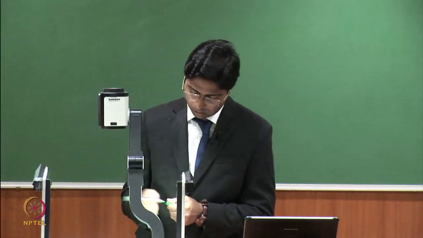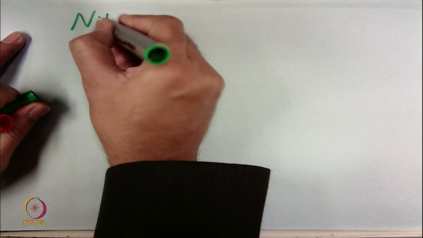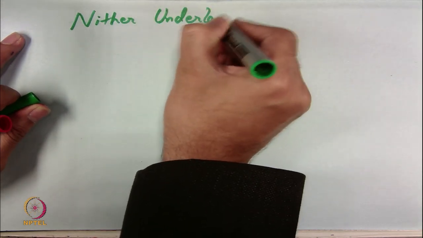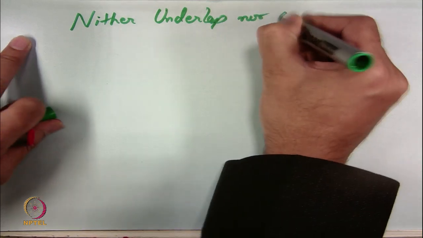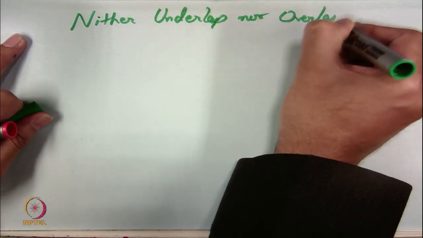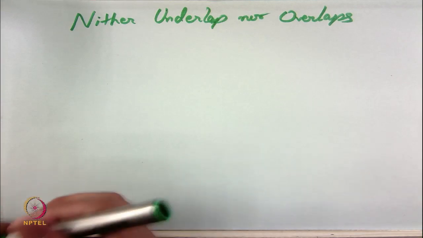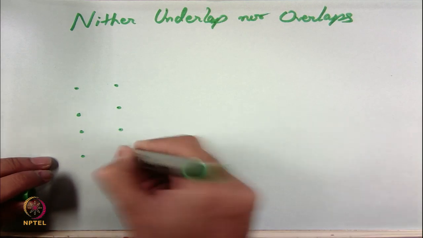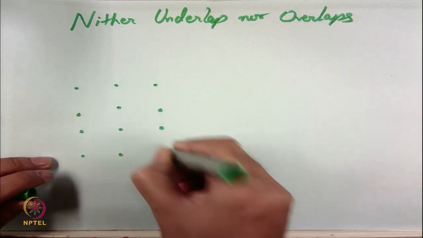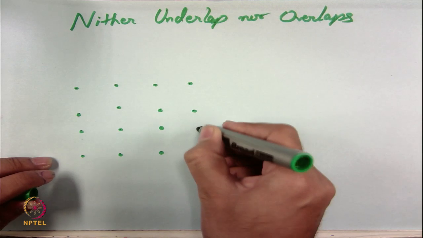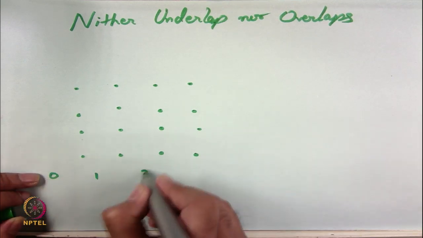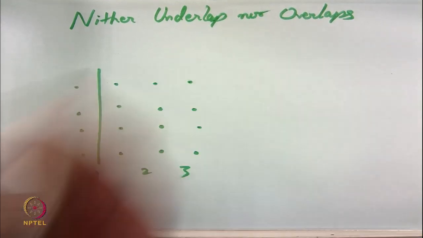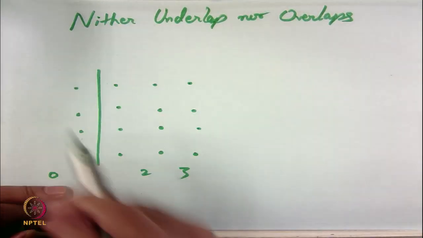And the last part, neither underlap nor overlaps, nothing is happening. So, if nothing is happening, zero, 1, 2, 3, it means the yarn is moving completely in a straight fashion in every course.